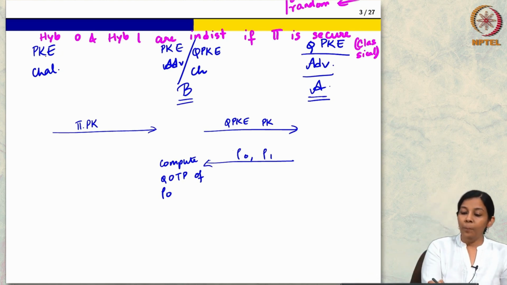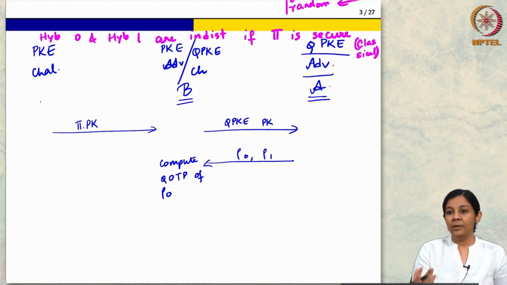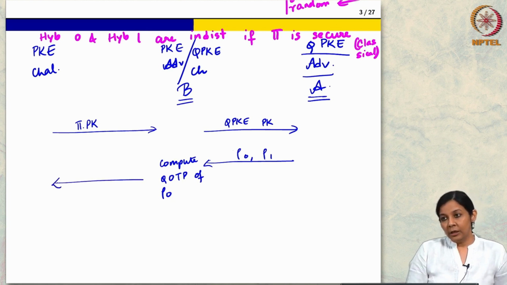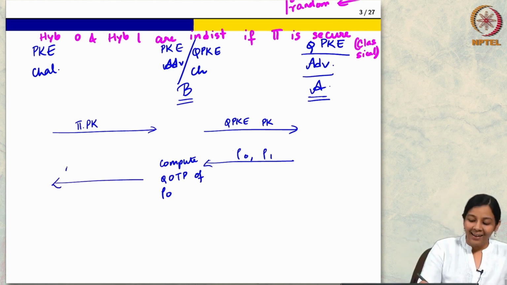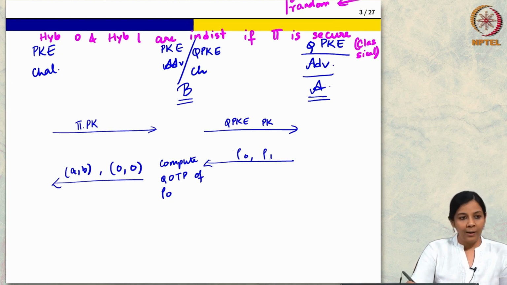But now I need to play the security game with the classical PKE challenger. I am supposed to give this challenger two messages. It is going to be AB or 0 0. Basically, in hybrid 0 I am using a random AB, and in hybrid 1 I am using 0 0. So, my challenge to the PKE challenger is AB comma 0 0.